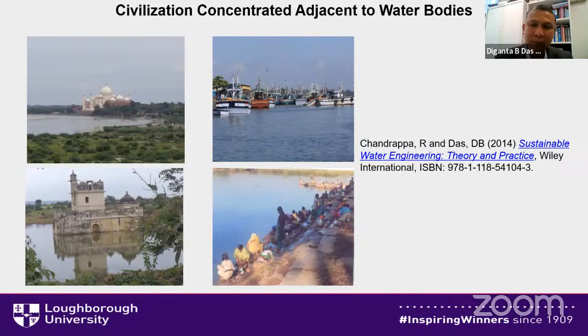We are talking about sustainable development at this time, but if you think of development as a process, water is really key for our growth and development, and that is why you see large civilizations growing near water. All these pictures are from different parts of India, Rajasthan, for example, where I studied, and so forth.